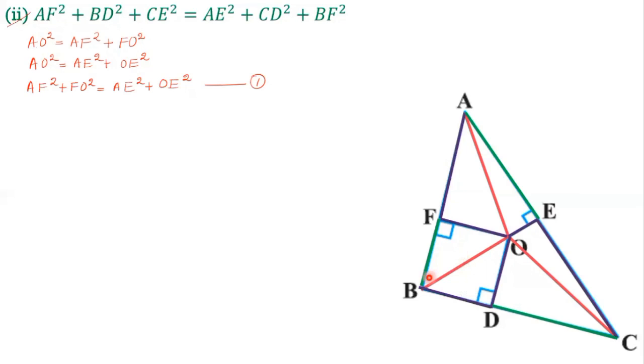In the same way, we have to apply Pythagoras theorem to triangle ODB and OFB. If we apply Pythagoras theorem to triangle ODB, then OB square is equal to BD square plus OD square.